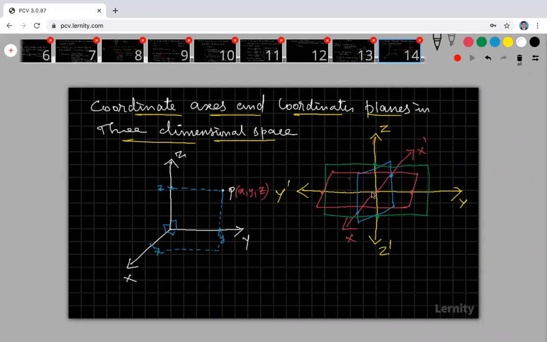From this diagram only I am taking, Kanna. I am not slanting. From this diagram I am taking. One minute, Kanna. My pen is not working. One minute, students.